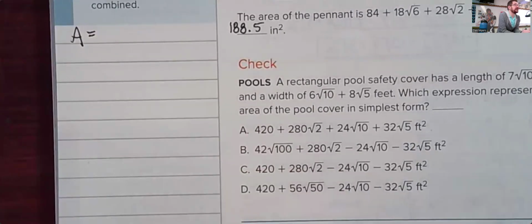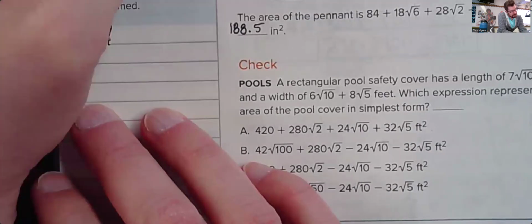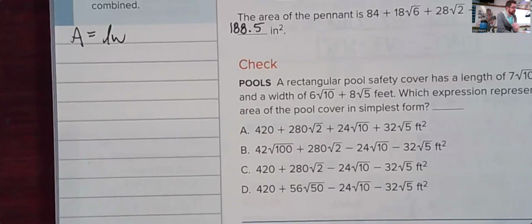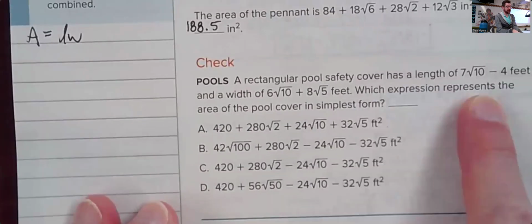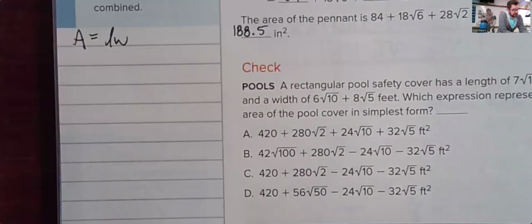First of all, if we're looking for the area of a rectangle, what are we doing here? How do you find the area of a rectangle? What's the generic formula? Yeah, length times width. So we're going to multiply together 7 root 10 minus 4 and 6 root 10 plus 8 root 5. So here we go.